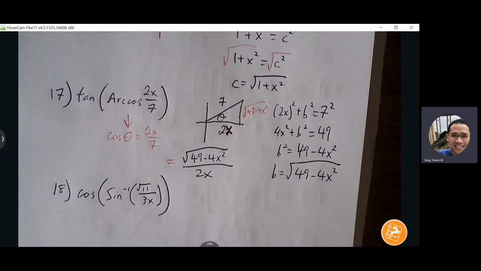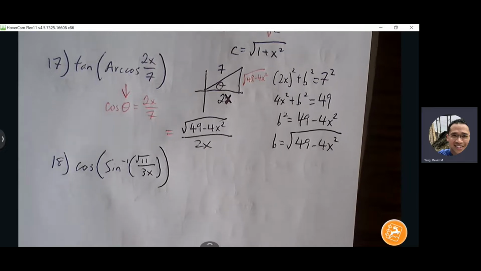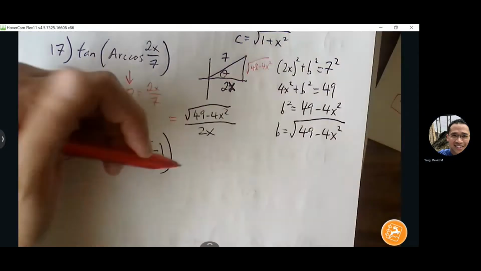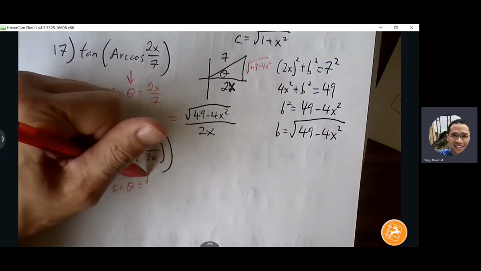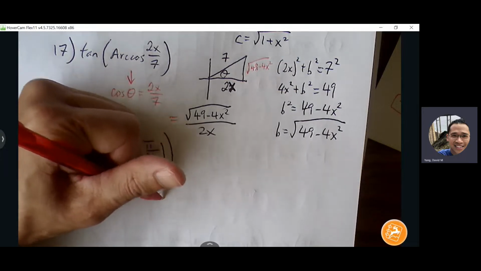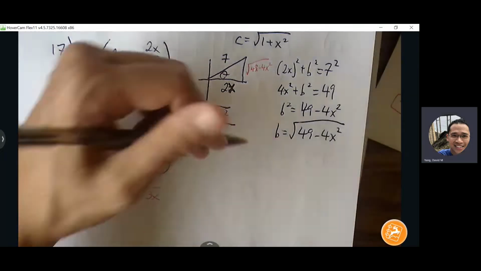Pretty much all of this is going to be in the first quadrant. Inverse sine of square root of 11 over 3x. In other words, asking ourselves, what would it look like if the sine of theta is equal to root 11 over 3x? Draw your triangle.